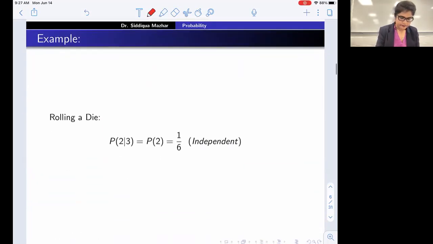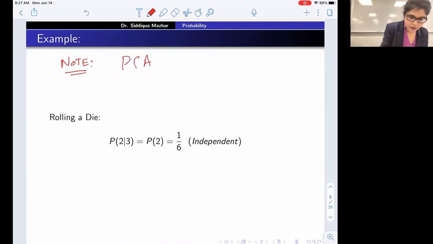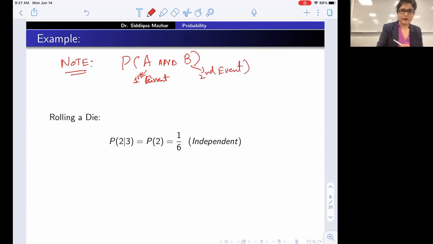Again, I'm going to write it down so that it stays in your mind which one was our first experiment and which one was our second experiment. If the probability of A and B is written, this means A is our first trial, or first event, and this will be our second event. If it is written like this, B given A, it means A has already happened.